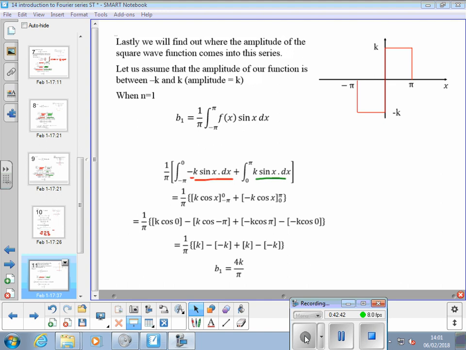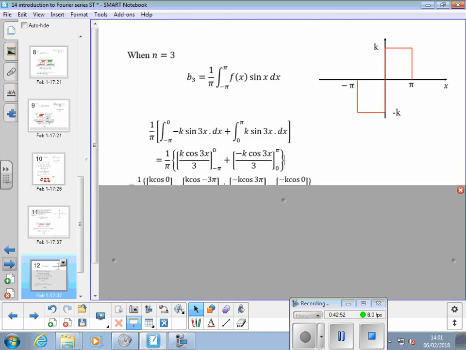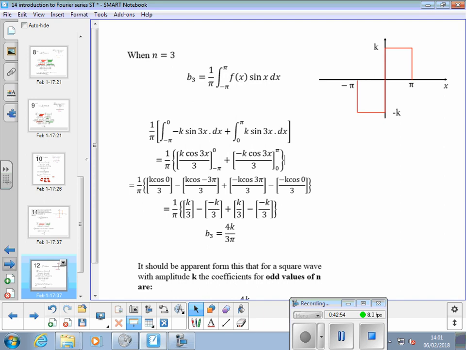And then lastly, just see what happens. We know we've got no second harmonic, but we know we're going to have a third harmonic. So we've got 3 come underneath here, but we end up with the same thing on top, k and minus k, k and minus k, the thirds underneath.